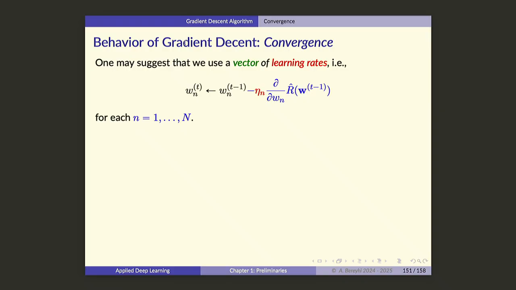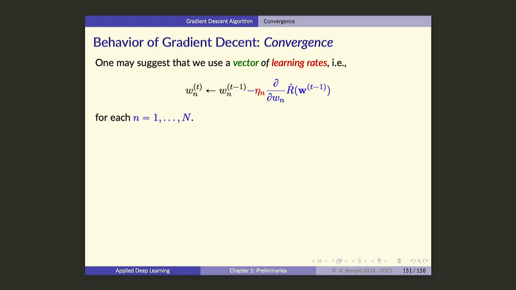For every single parameter in my model, I have its own specific learning rate. But do you think this is a feasible approach in practice? No, because in practice you have on the order of 10 to the power 7, 10 to the power 8 parameters. Then you need to have this many learning rates, and that is not really feasible to coordinate.